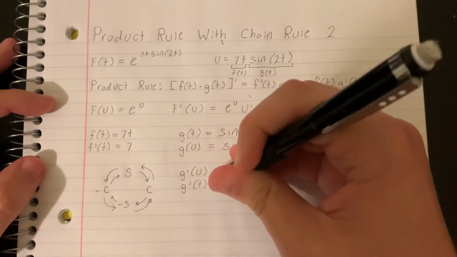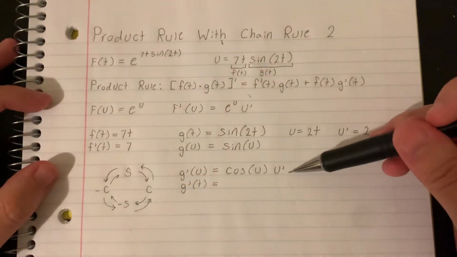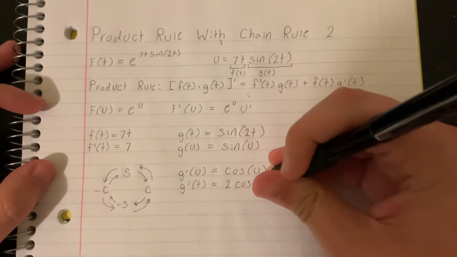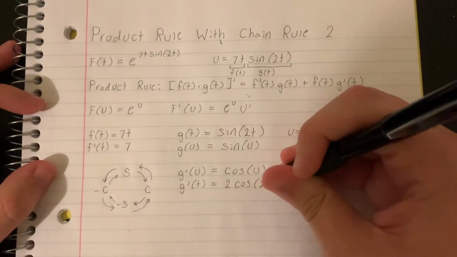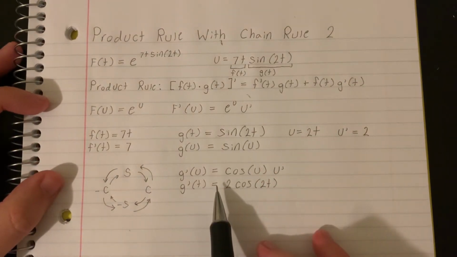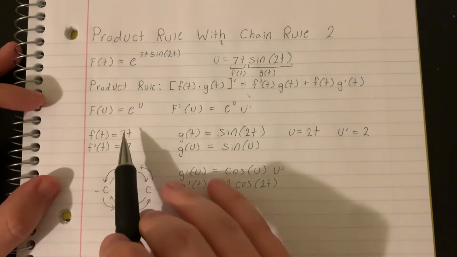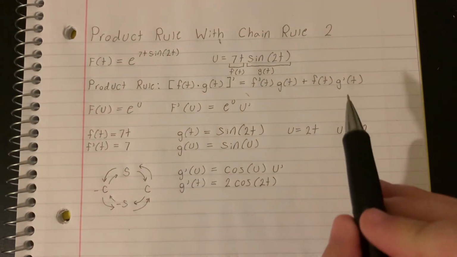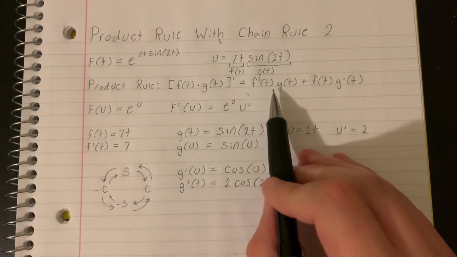So g prime of t equals u prime, 2, times cosine of u, and u is 2t. So there we go. We've found our g prime of t, our f prime of t, our f of t, and our g of t.